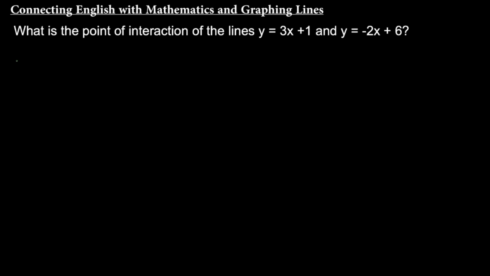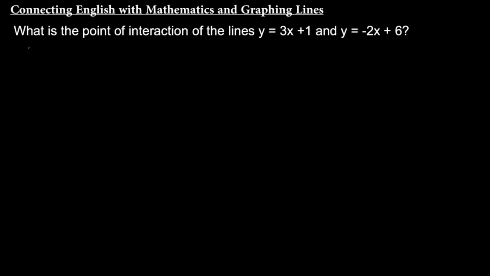Okay, so the next part of this lesson is that we have to find the point of intersection of the lines y equals 3x plus 1 and y equals negative 2x plus 6. The method that we're going to use is called substitution.